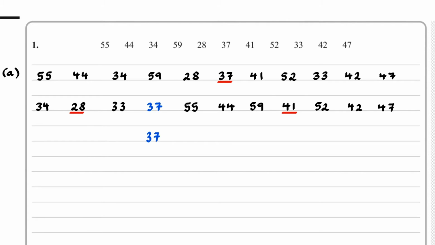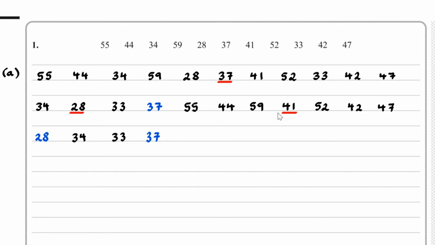Now, from this sublist, the 34 is bigger than the 28, and the 33 is bigger than the 28. So the 28 would go here, and then we've got 34 and 33.